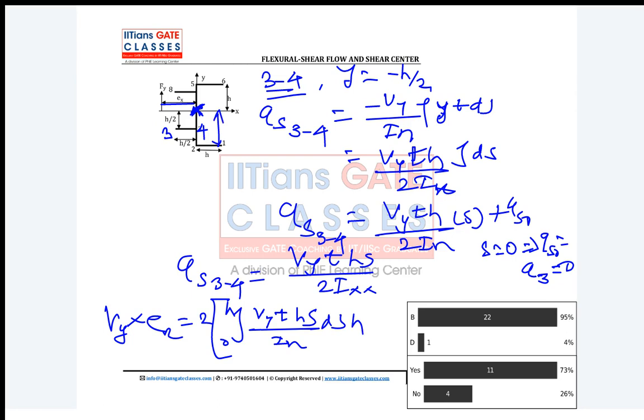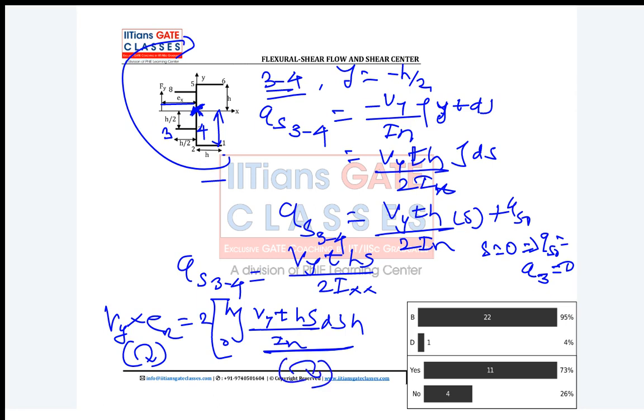Now this 1 to 2 will give me what sense, clockwise or anti-clockwise? It is clockwise because you are going 1 to 2 clockwise.